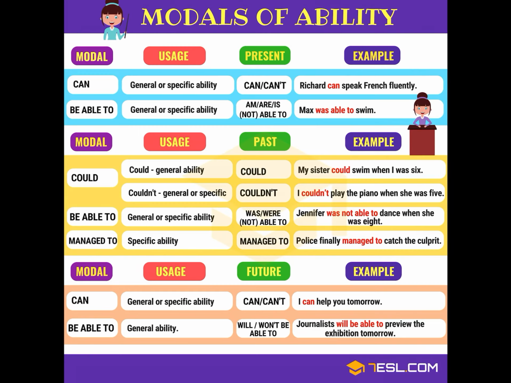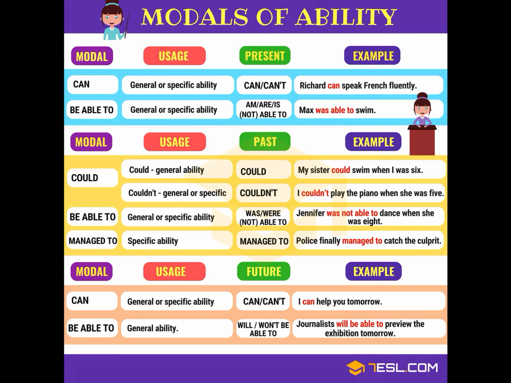For example, in here we have an example in past. Max was able to swim. If I wanted to say it in negative form, it will be Max wasn't able to swim. Okay. Modal could. We have here could, that is used to say something in past.